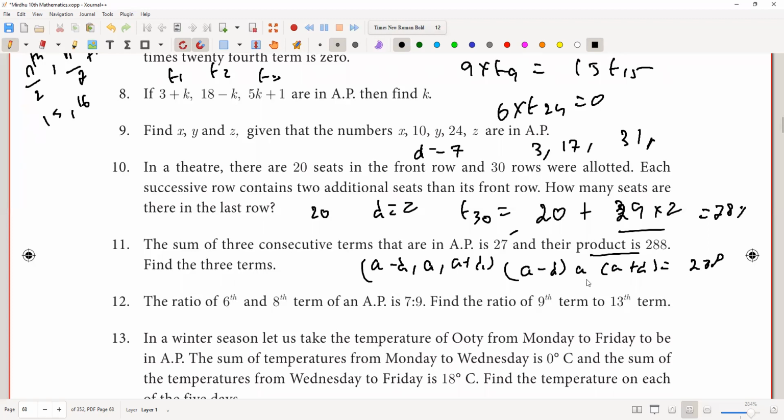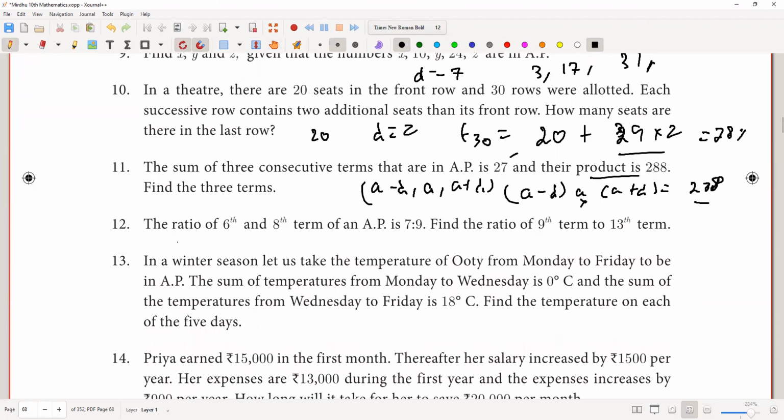I'll be substituting 9. The 288 would be cut short. Then 9 minus D, 9 plus D, A squared minus B squared formula. We have already 9 squared. Take that number there, you'll be getting the result.